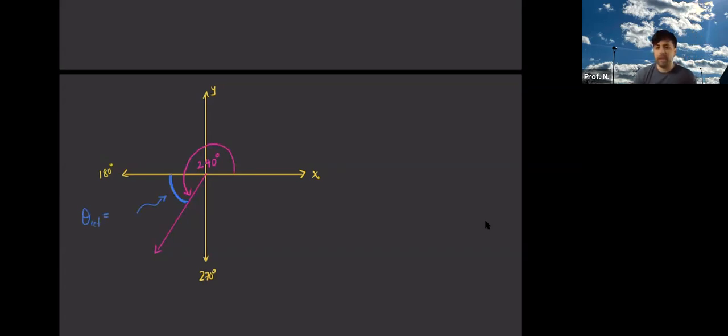If I'm in the third quadrant, I'm not going to do 180 minus 150. I'm going to do what instead? 240 minus 180. That's right. I do 240 minus 180 degrees, and that gives me 60 degrees. That is correct.